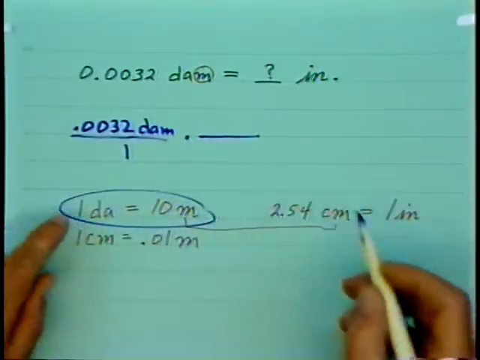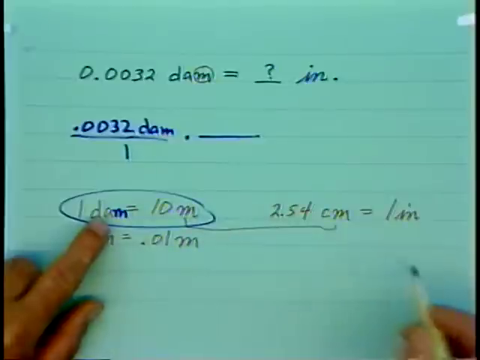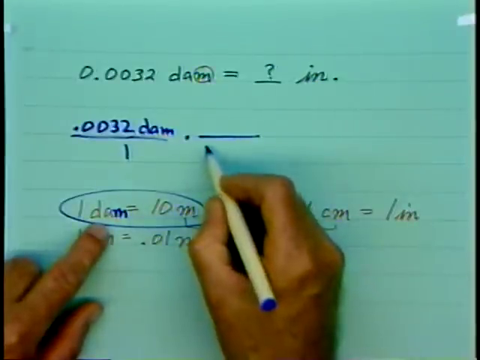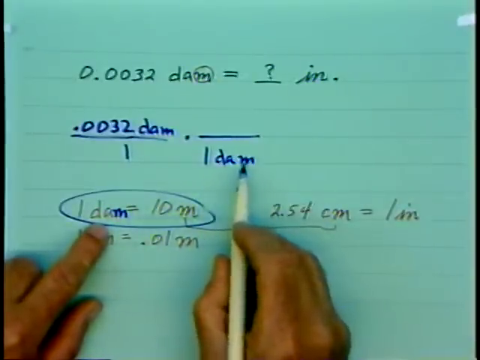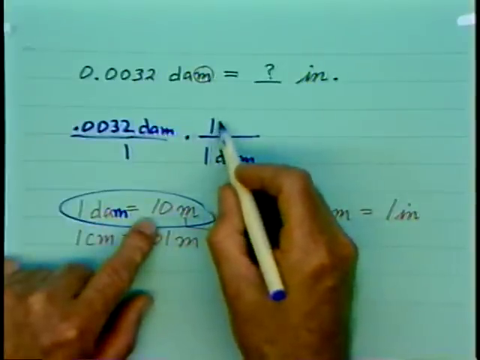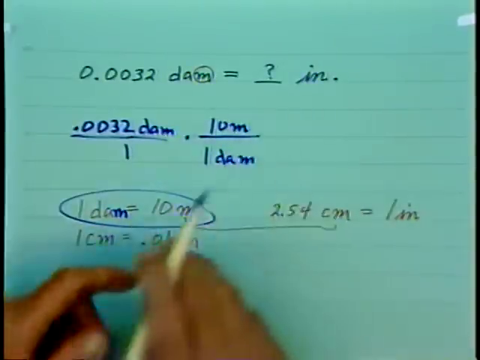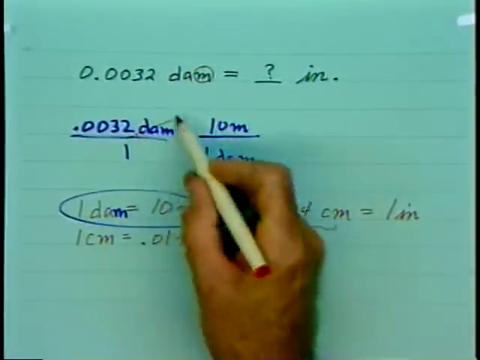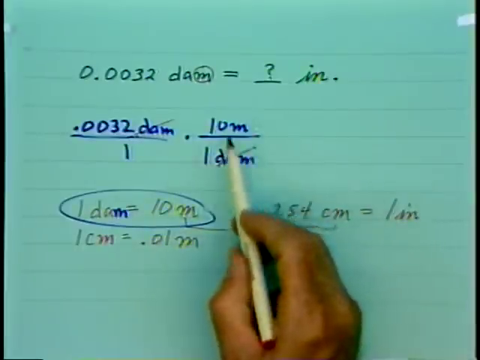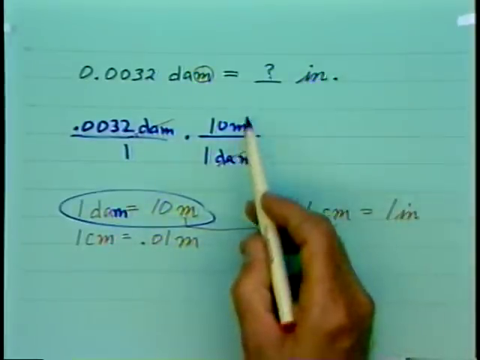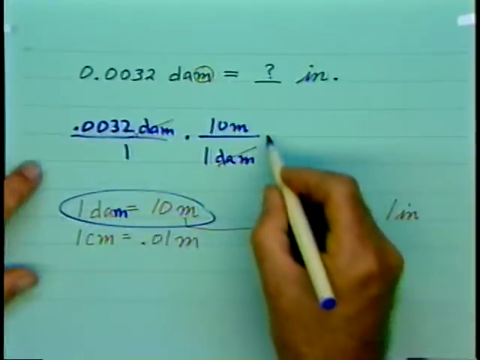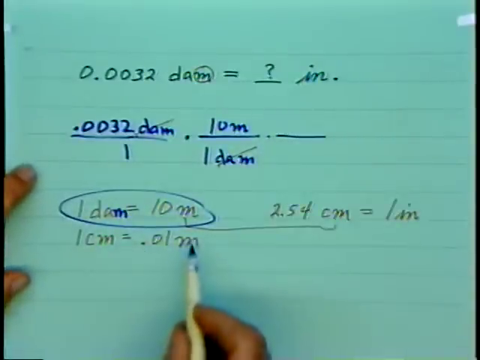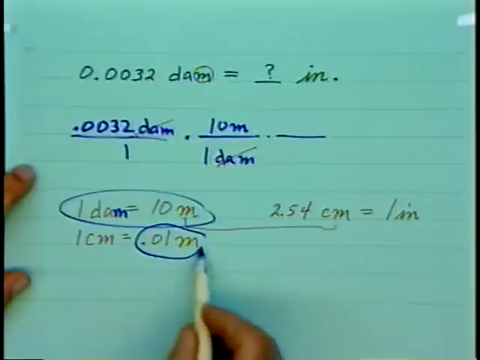I have, it should be DAM, shouldn't it? I have 1 DAM, decameter, equal to 10 meters. I did get rid of what I wanted to get rid of, but I didn't end with what I wanted. So now I concentrate on getting rid of m. So here is an m.